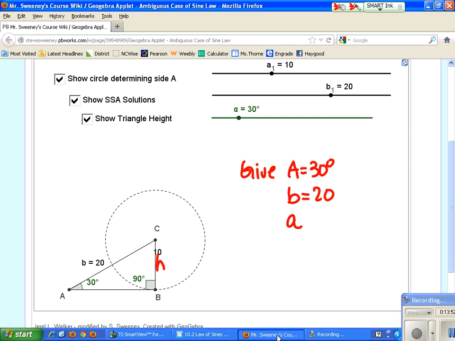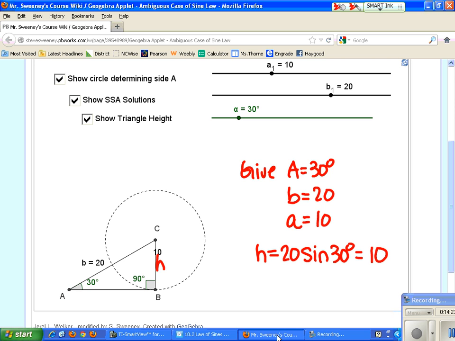And length A is our unknown for right now. The height of this triangle would be equal to 20, because you always use the side that's not opposite the angle, times the sine of 30 degrees, which is equal to 10. So when our A value is equal to the height, which is what we have right now, we are saying that A is equal to 10.